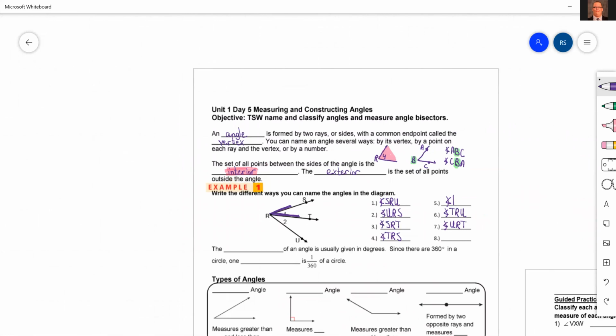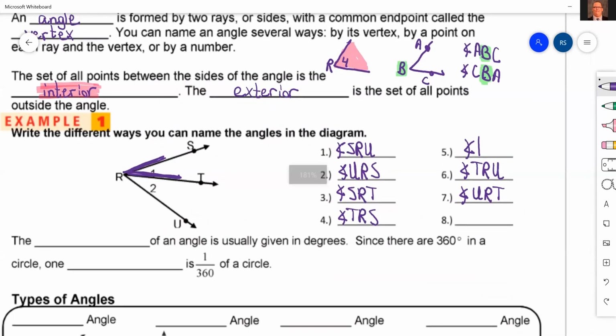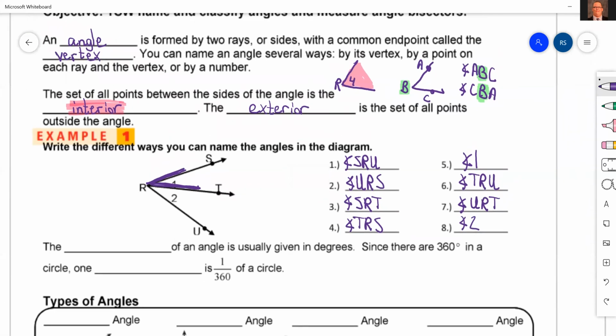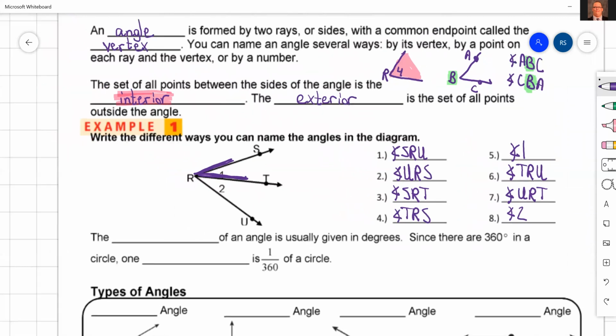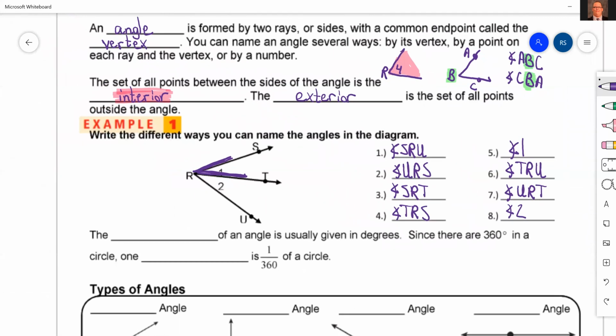There it is. Angle 2. So one diagram, but 8 different angles that we could name. Okay, so that's constructing an angle.